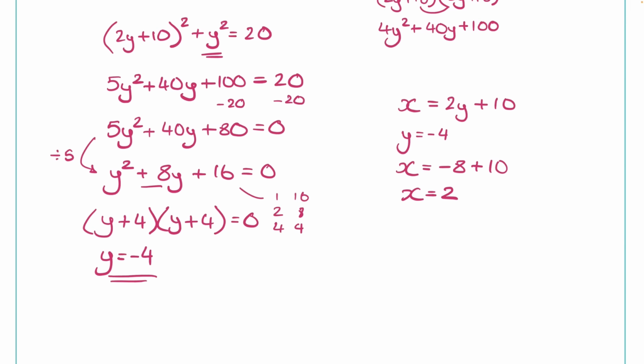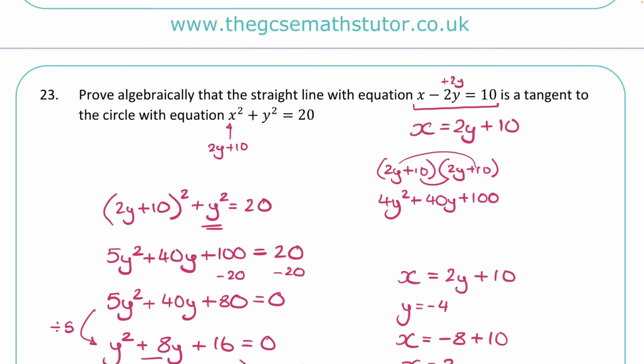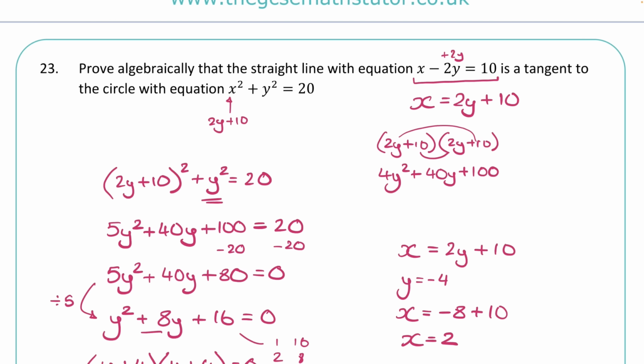So in terms of this, we get one coordinate, which would be 2 and negative 4, meaning that these graphs, this straight line and this circle, only have one point of intersection, which means that that line is a tangent.